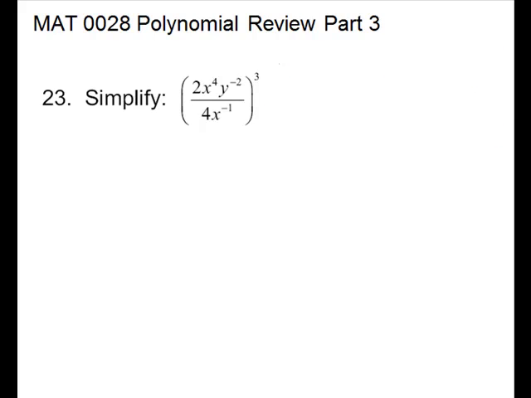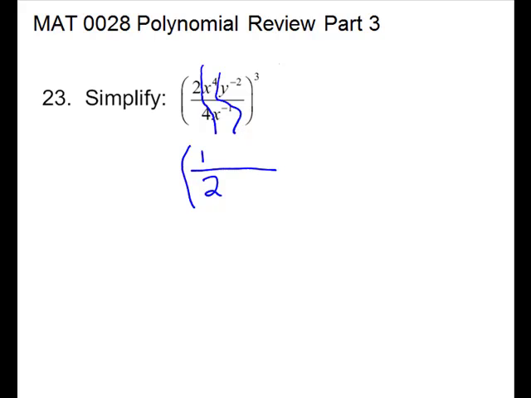23. This one is a fraction to a power, but we can clean up some inside first. So we should work from the inside out. We have numbers, we have x's, and we have a y. So we're still going to have our parentheses. For our numbers reduce, you have a common factor of 2. 2 will go into 2 one time, 2 will go into 4 2 times.